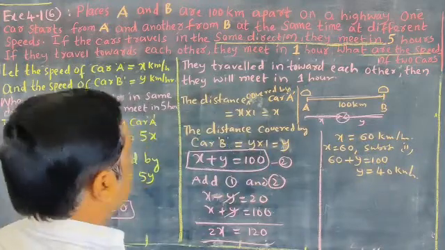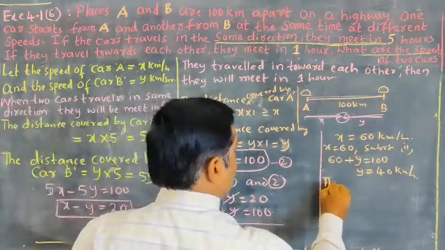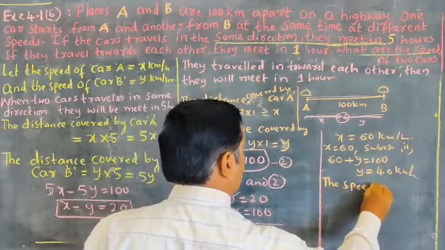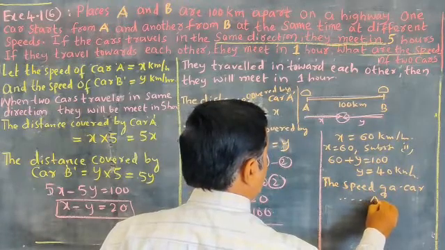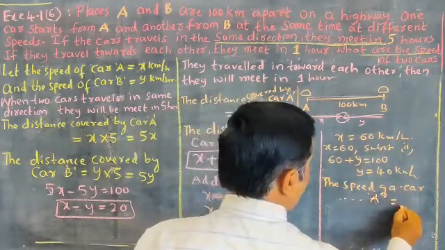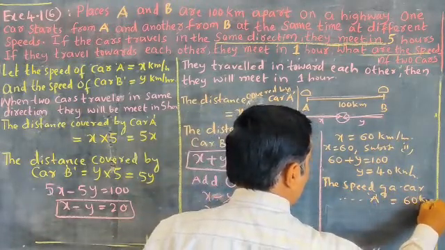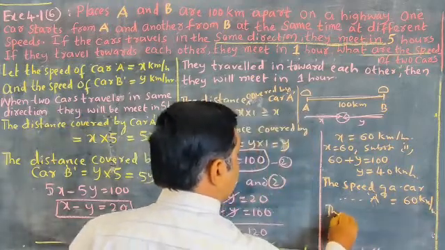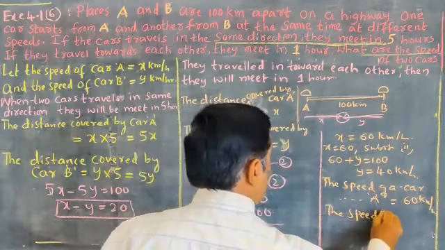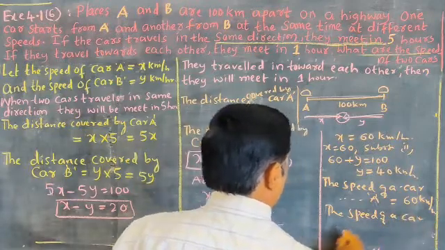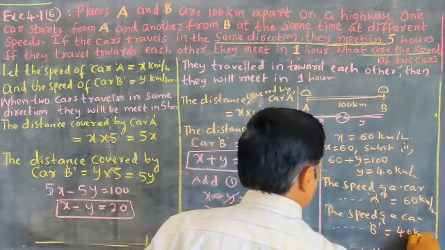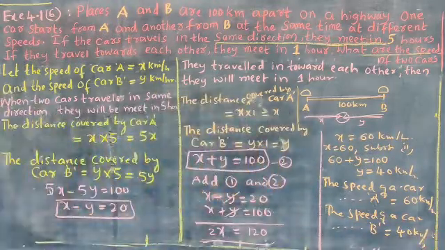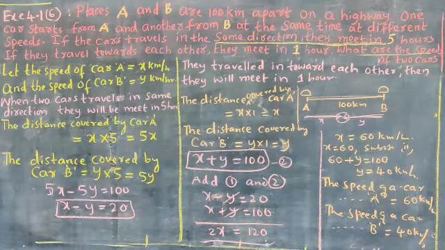So the speed of the car at place A is 60 kilometers per hour, and the speed of the car at place B is 40 kilometers per hour. Have you understood? Check once. Okay. Right. Thank you.